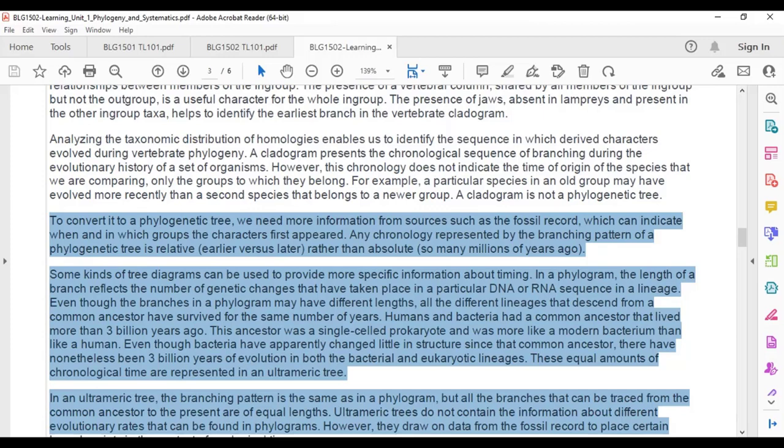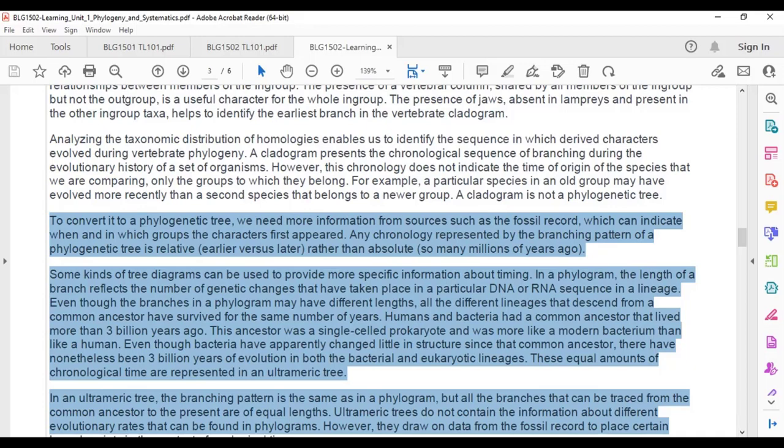When they're relative, they're just comparing the timeline, so earlier versus later in terms of the time frames, rather than absolute. Perhaps they could say so many millions of years ago. So this just gives you a sense of the time frame, which means that you will have to compare it in terms of whether it is early or in the later stages.